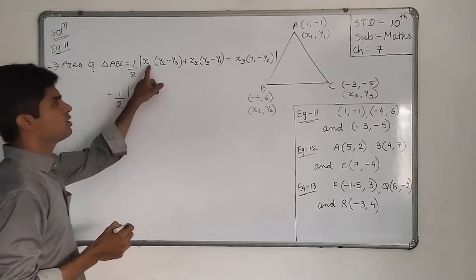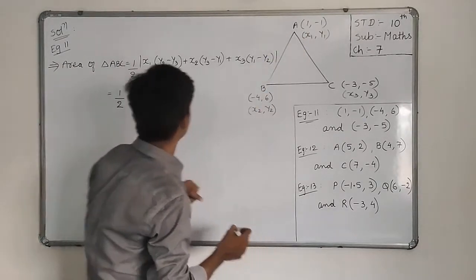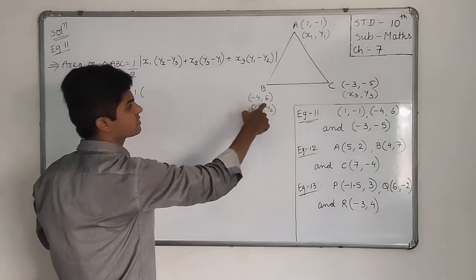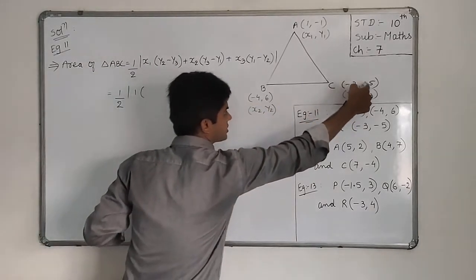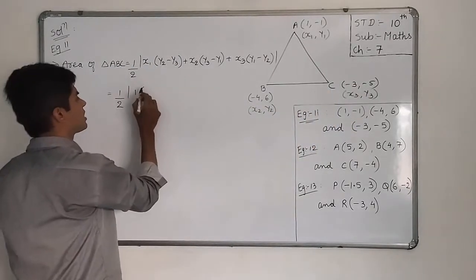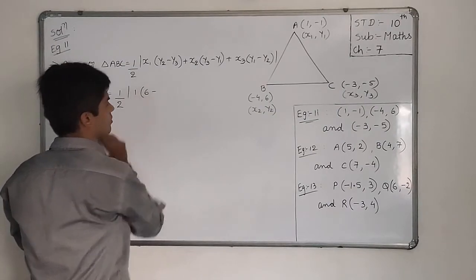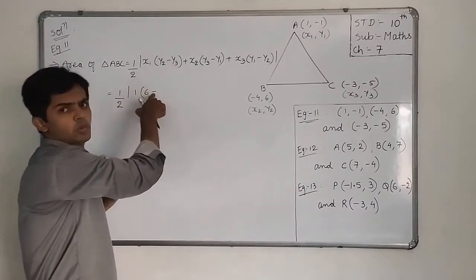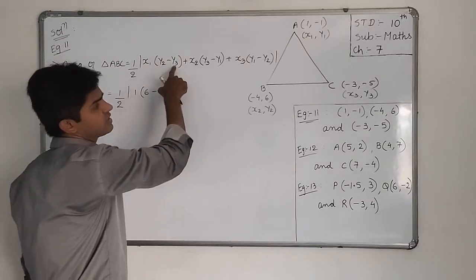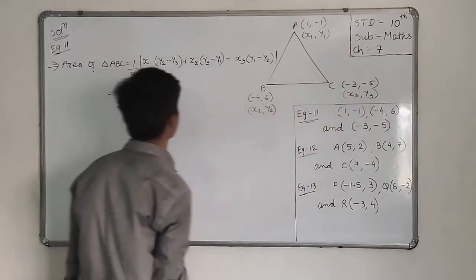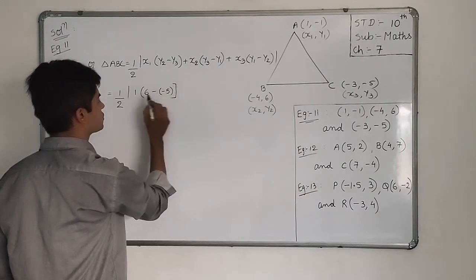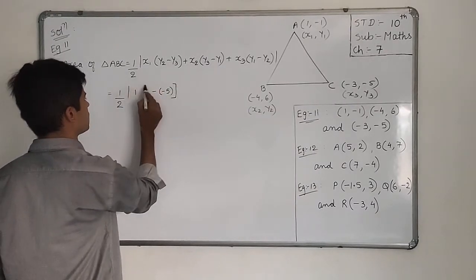x1, what is the value of x1? 1. y2 minus y3, y2 is 6, y3 itself is minus 5. So यहाँ पे क्या आएगा? 6 minus, y2 is 6. Minus is the sign of formula, but y3 itself is minus 5. So यहाँ पे क्या आ जाएगा? Minus 5. Understood? Okay.